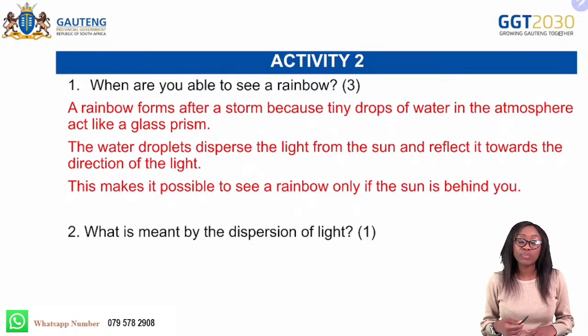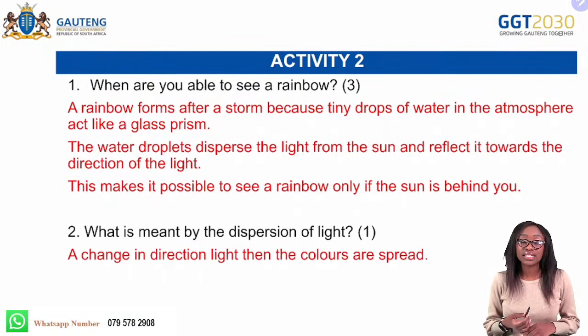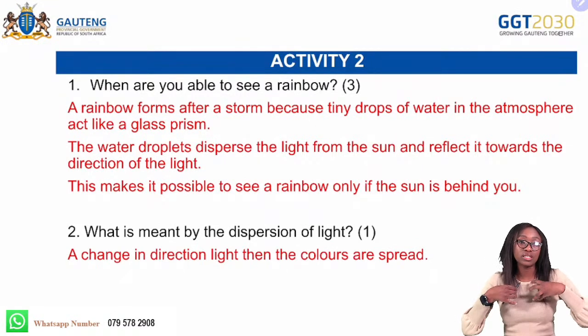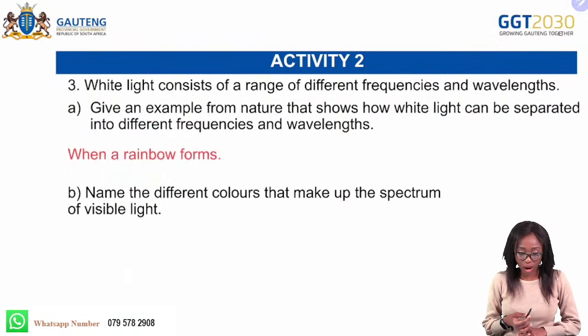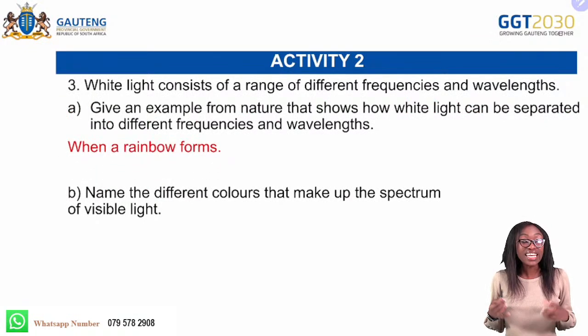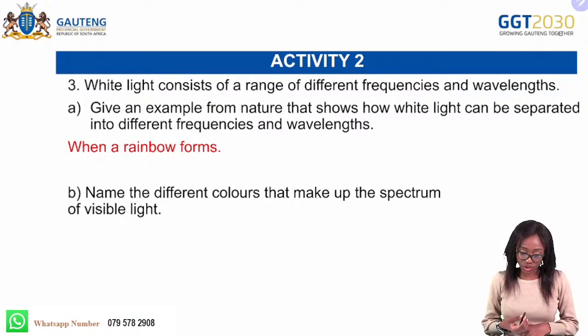Now, what is meant by dispersion of light? It's actually a change in direction of the light when the colors spread out. So that is the dispersion of light. And then our third question: give an example in nature that shows how white light can be separated into different frequencies and wavelengths. It's when a rainbow forms.